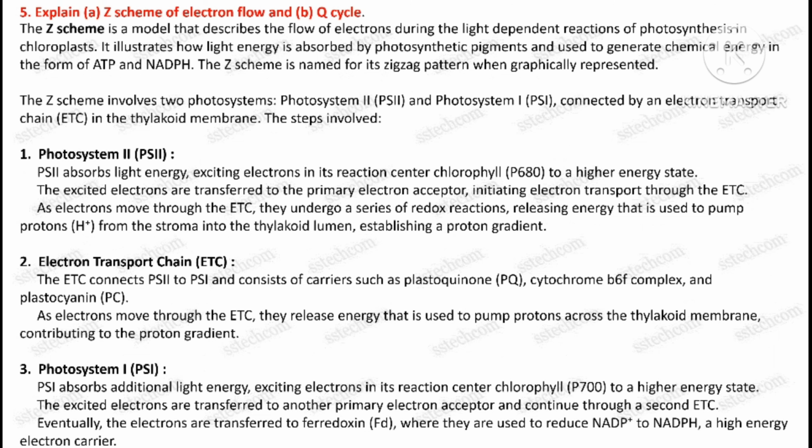Question number 5. Explain Z scheme of electron flow and Q cycle.